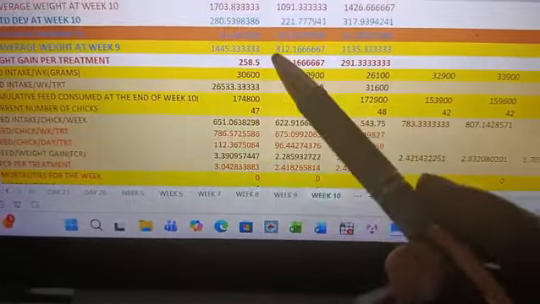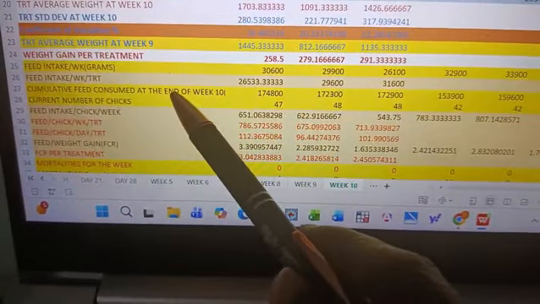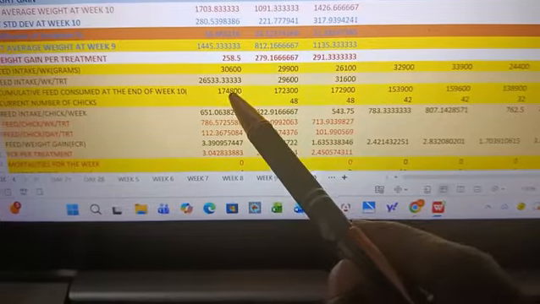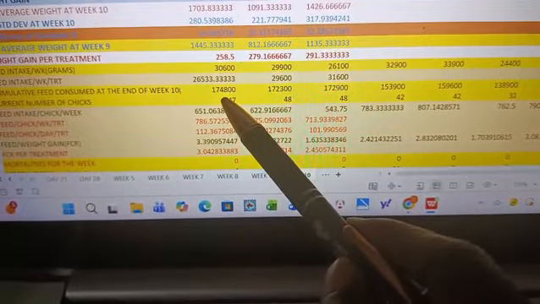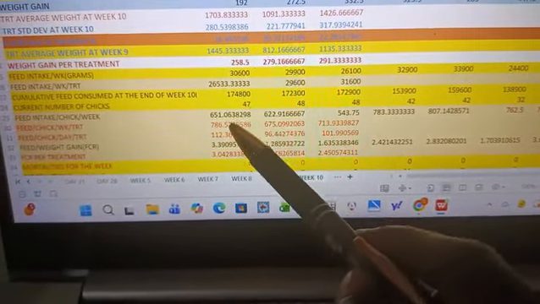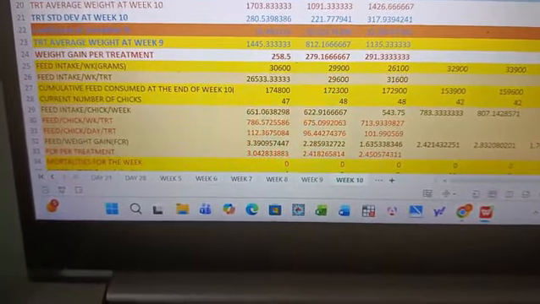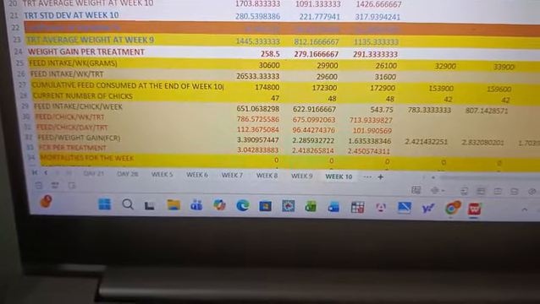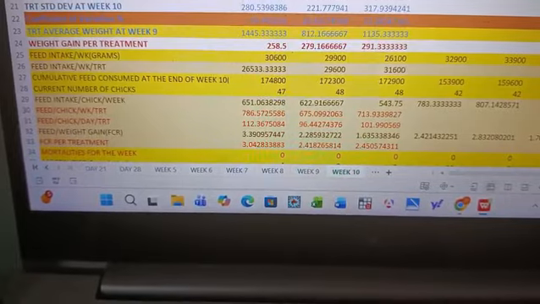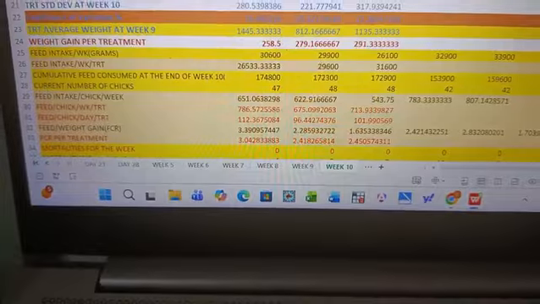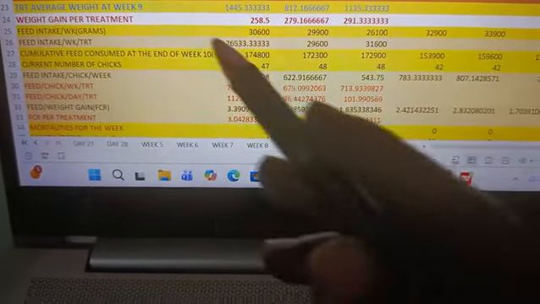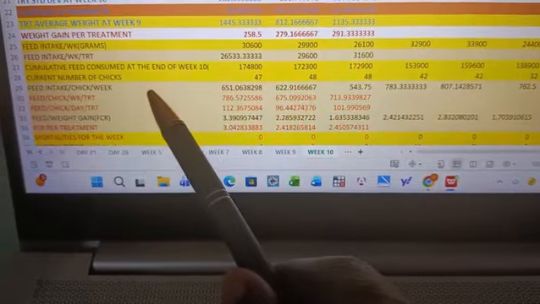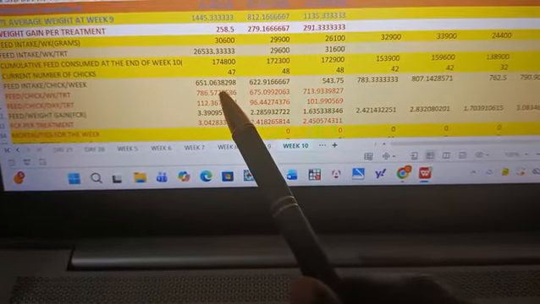Here we can see the cumulative feed consumed at the end of week 10. We are simply saying how much a bird, or a category of birds within that particular cubicle, consumed by the end of the 10th week. Maybe the most important to capture is the feed intake per chick per week on a weekly basis.